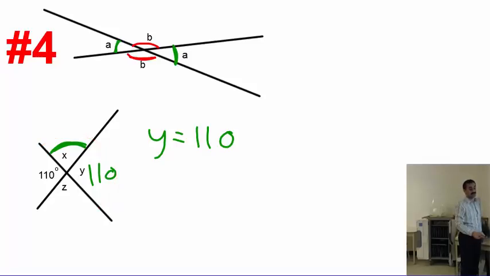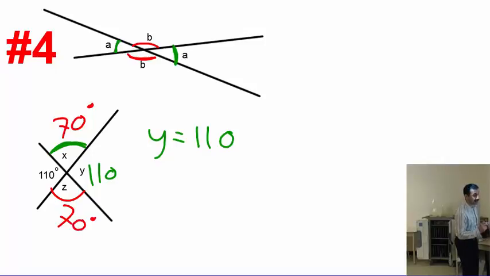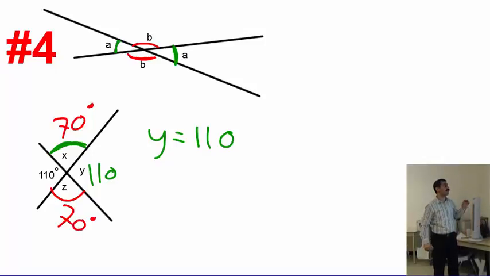Since we know this part, which is 110, we subtract the 110 from 180, which will give us 70. So x will be 70 degrees. Since z is across the cross line, z will also be 70 degrees as well. So that's the type of question you will get from this rule.